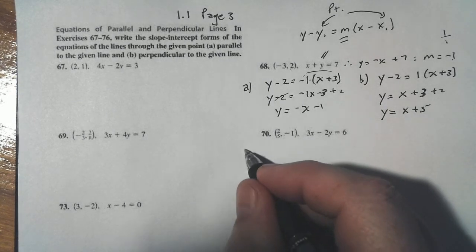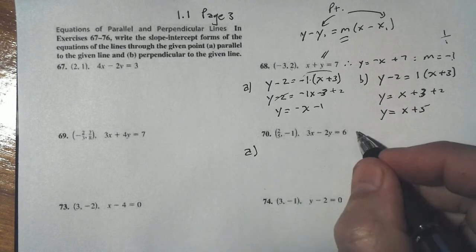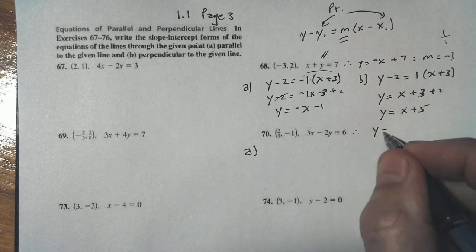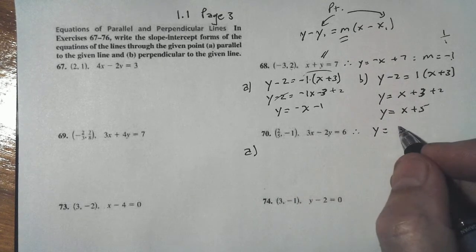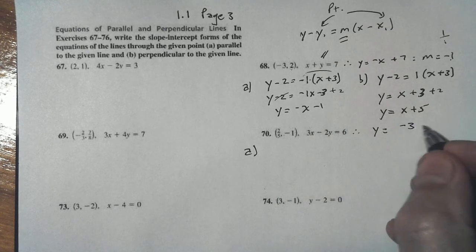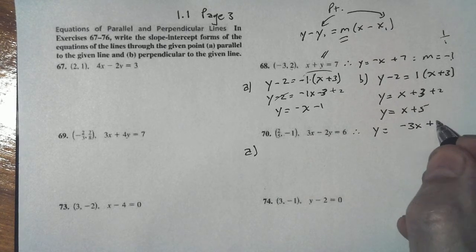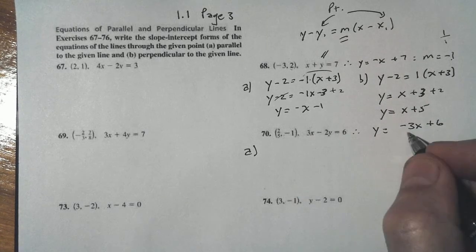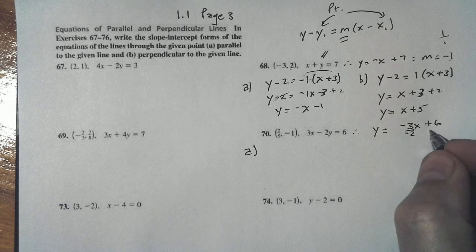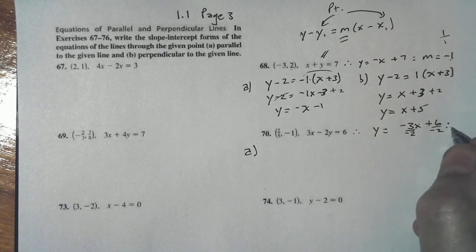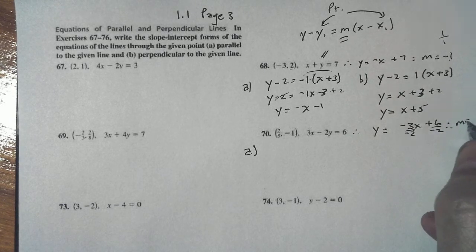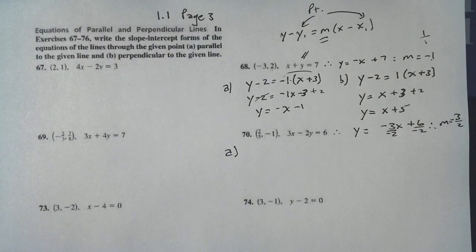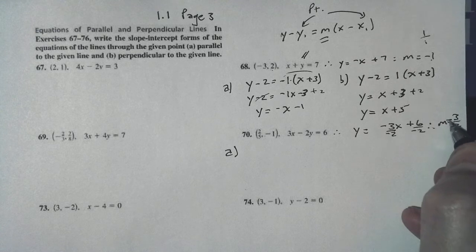So before A, I'm really interested in the slope, so I'm going to subtract 3x, it joins the plus 6, and I'm going to divide both sides by -2. And therefore the slope that we want to model is 3/2, not -3/2.